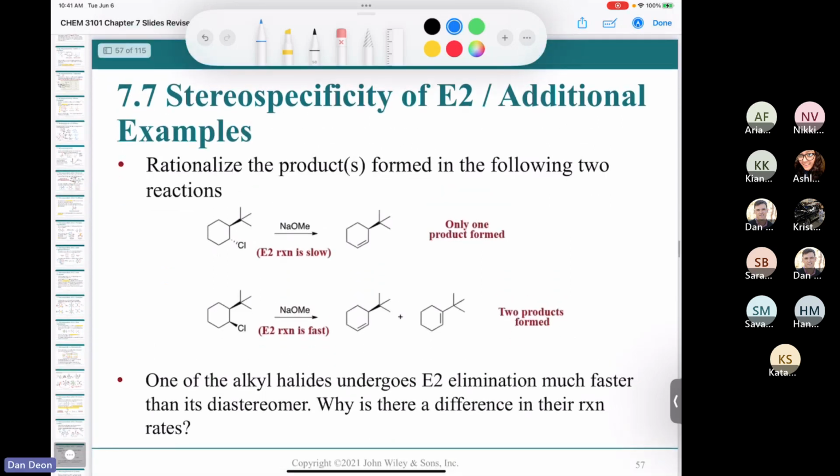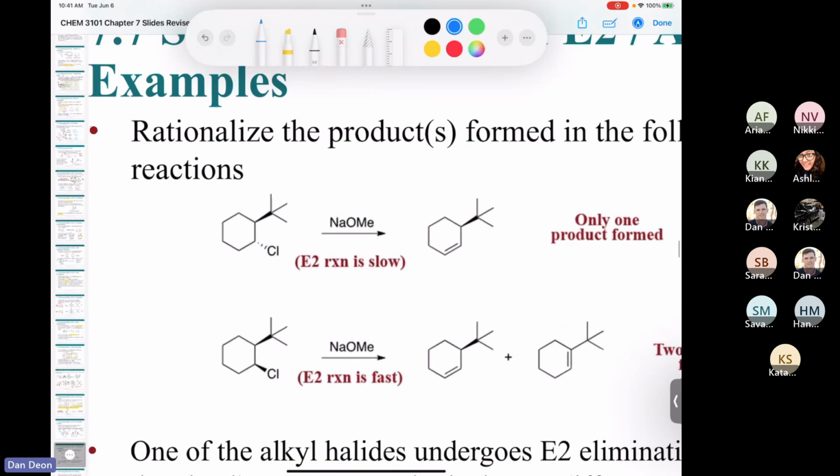So it says rationalize the products formed in these reactions. So if we look at this reaction here, if we imagine this chlorine as being down and axial, that would mean that this group here is up and axial. So that would mean that the proton that's here would be down and equatorial.